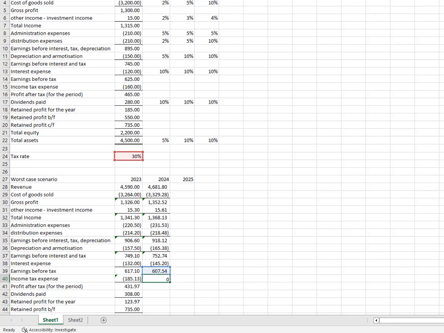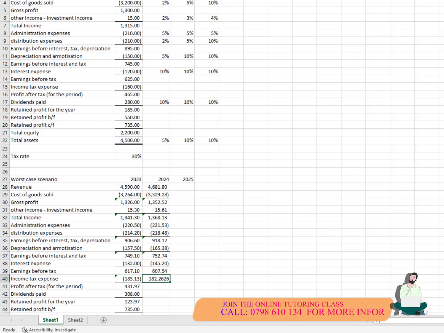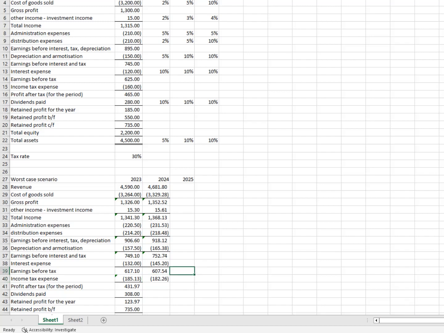Close the brackets, hit enter. Right, we can format it again. Come here and click this comma to signify that it is accounting style. When you hit the comma, it automatically rounds off the data into 2 decimal places and also introduces brackets as opposed to the minus sign. Profit after tax, again, is the same, so we drag it to the right and it calculates for us.